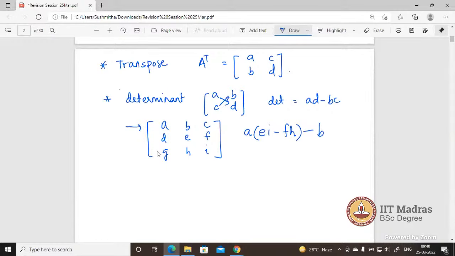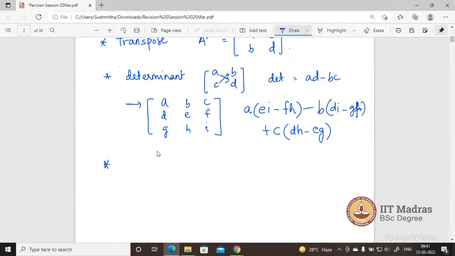You take the second entry, B. So you remove the row and column from where B comes, and then take the determinant of the remaining 2 cross 2, DI minus GF. And then take the third entry, remove the row and column from where it comes, C times the determinant of the remaining 2 cross 2, DH minus EG. So this is how you calculate the determinant of a 3 cross 3 matrix by expanding along the first row.